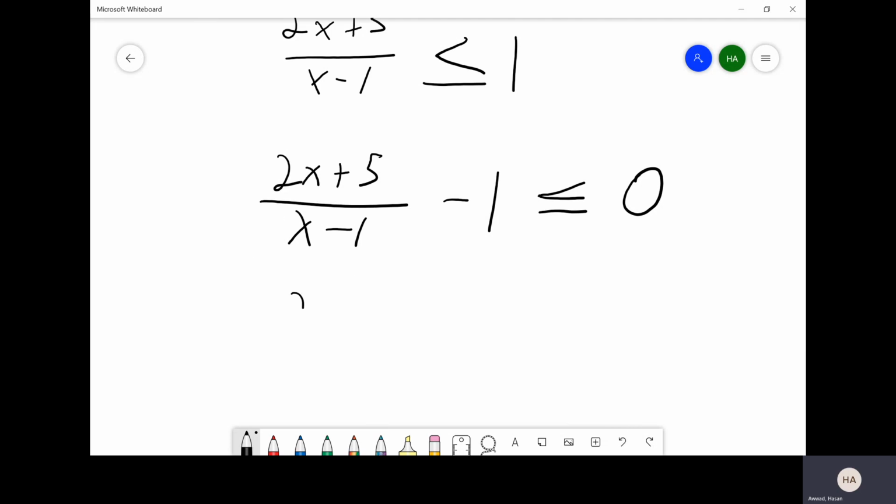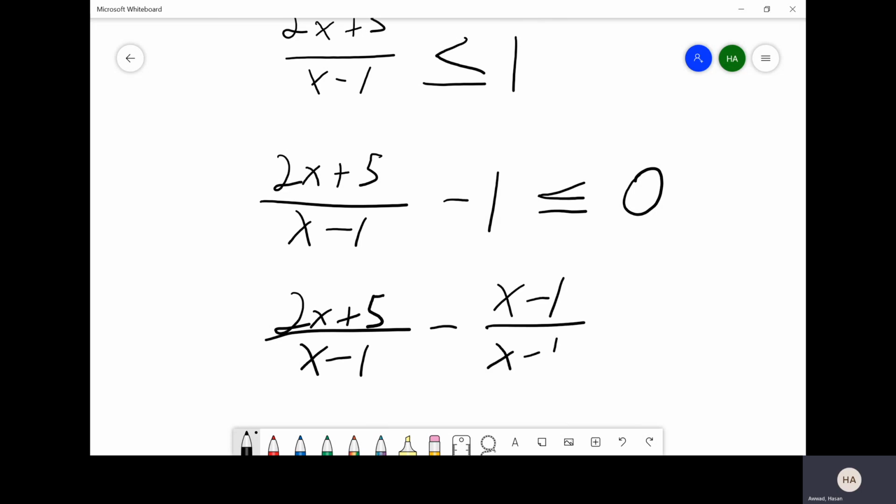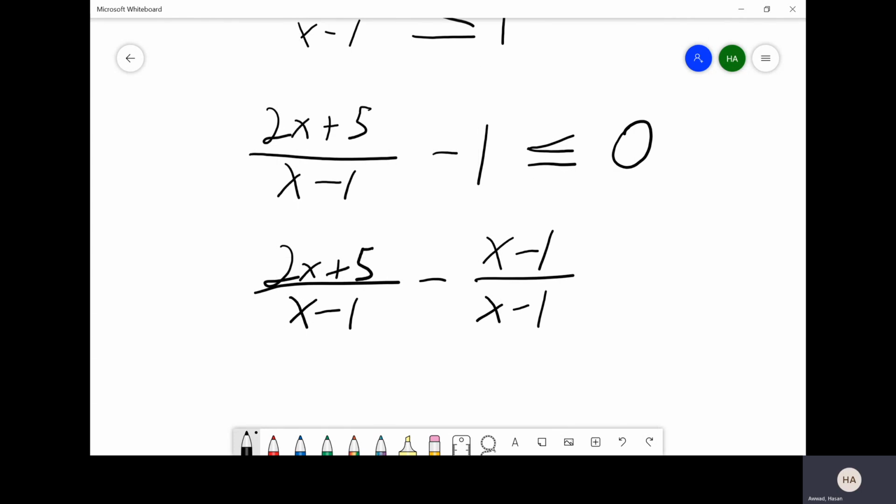So we keep our 2x + 5, we keep our x - 1, and now this is going to be (x - 1)/(x - 1), right? 1 is any number over itself. (x - 1) divided by (x - 1) is the same thing as 1; they would just cancel out. So all I did was change the appearance of it, but I didn't change the value. And the reason I changed the appearance is, once again, so I have common denominators, so that now I can go ahead and subtract the fractions. And this is still less than or equal to 0.